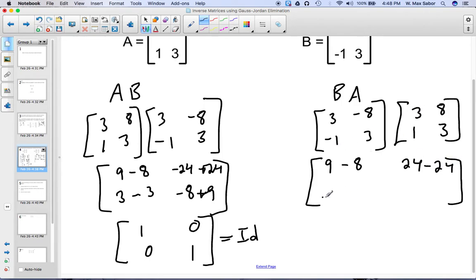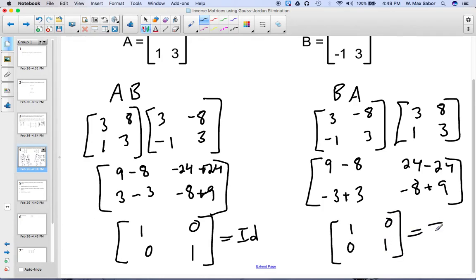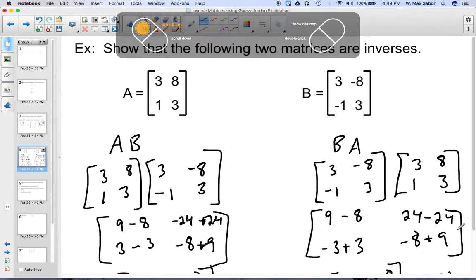Negative 1 times 3 is negative 3. 3 times 1 is positive 3. Negative 1 times 8 is negative 8. 3 times 3 is positive 9. If any of this looks like magic, then go back and review multiplying matrices. So yes, these two matrices were inverses.